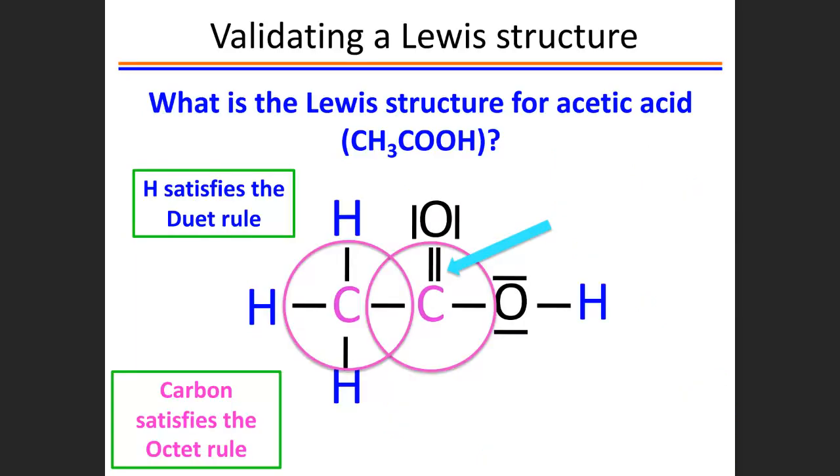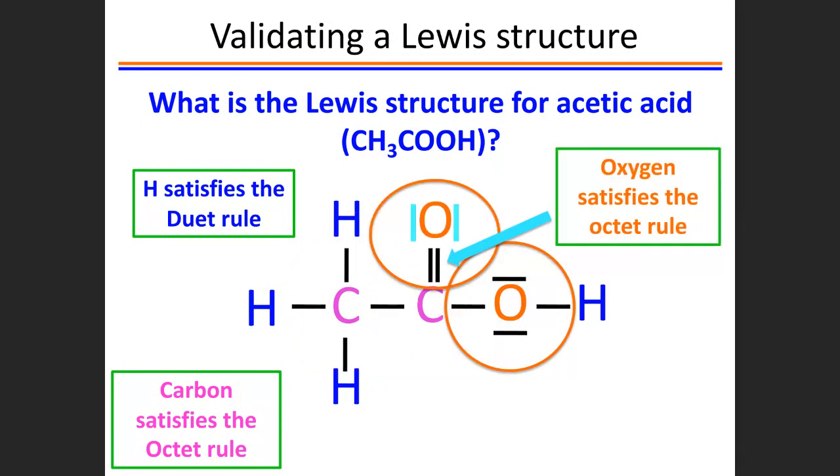So let's move on. Let's see here. So if we now look into the summary, hydrogen satisfies the duet rule, carbon satisfies the octet rule. Even in that case, let's go back here, oxygen satisfies the octet rule.